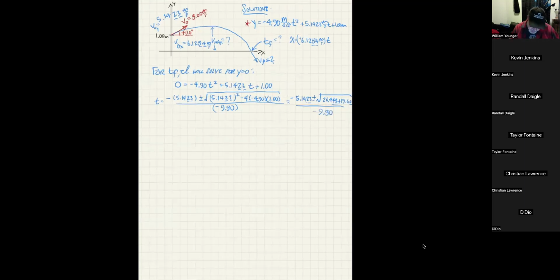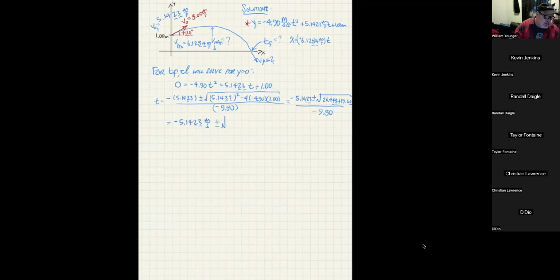Okay. If you wanted to analyze the units, you'd see that works. But what we see is in both cases, we get the tens place under the square root. So I'm going to write negative 5.14, again, 23. Now I can put back those units just to make sure things work right. I'm going to say that's meters per second, plus or minus the square root of 19.6 plus 26.44324929.